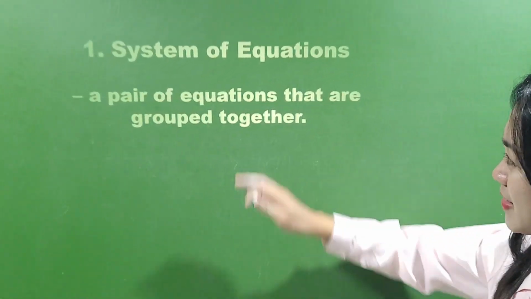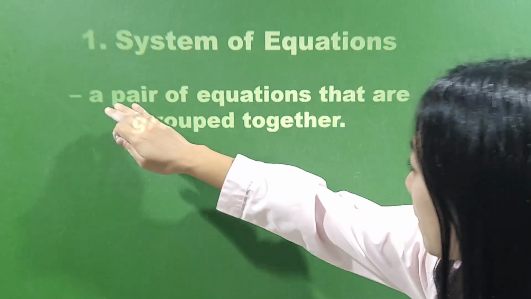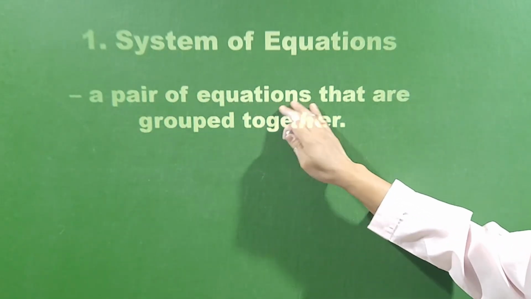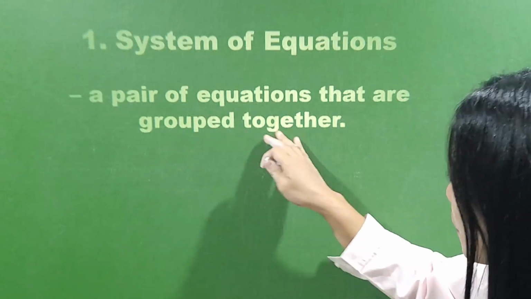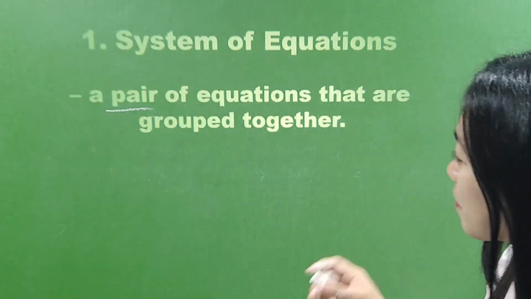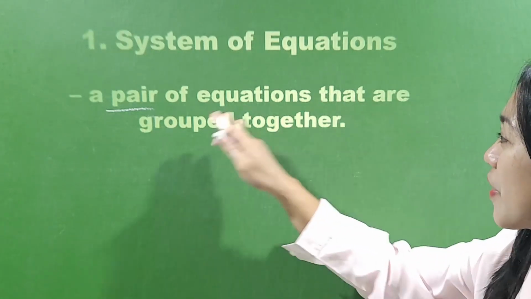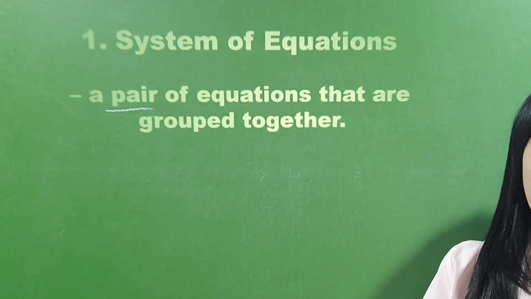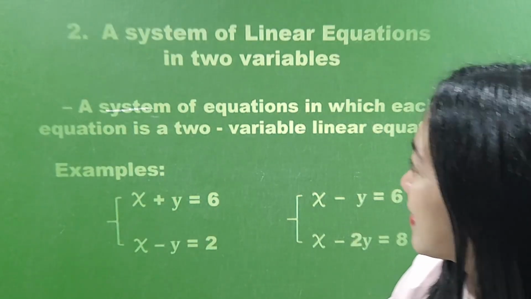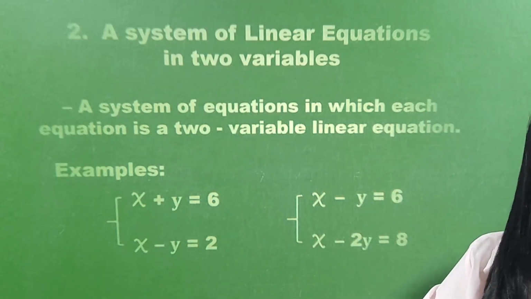When we say system of equations, this refers to a pair of equations that are grouped together. From the word pair, it means two equations that are grouped together. So what is then a system of linear equations in two variables?